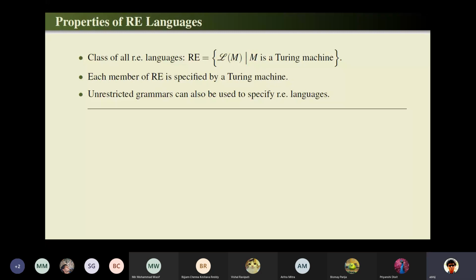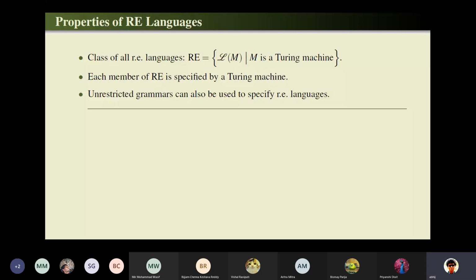We will use the encoding of Turing machines instead of unrestricted grammars to specify RE languages. Given any unrestricted grammar, I convert it to an equivalent non-deterministic Turing machine, and from that NTM I can generate a deterministic Turing machine. So I will always assume that an RE language is specified by a Turing machine.